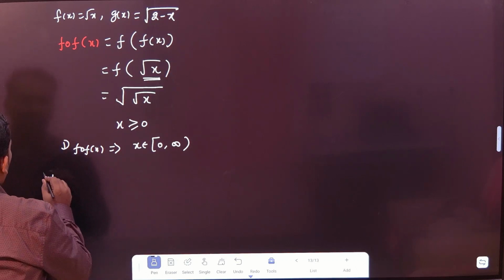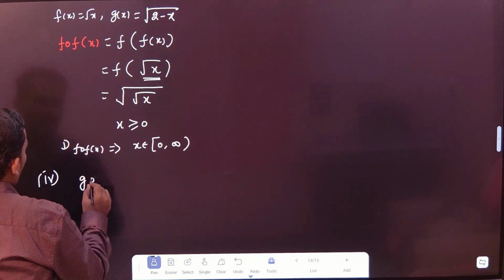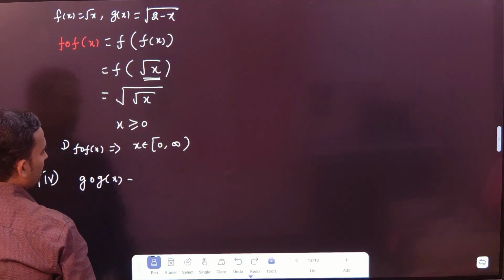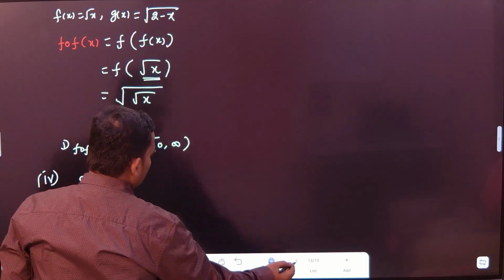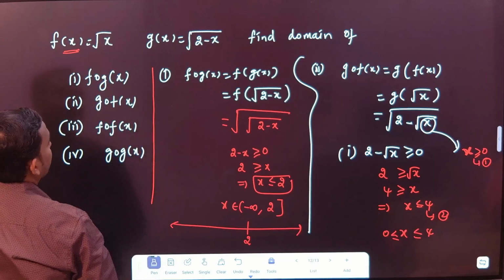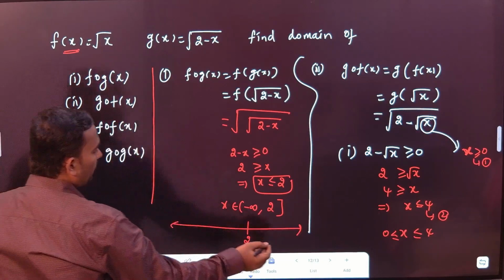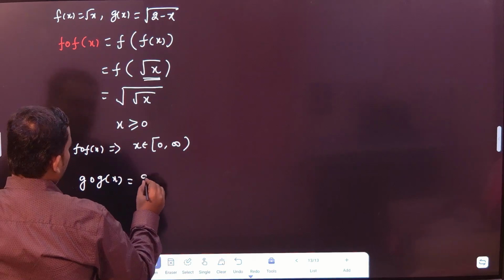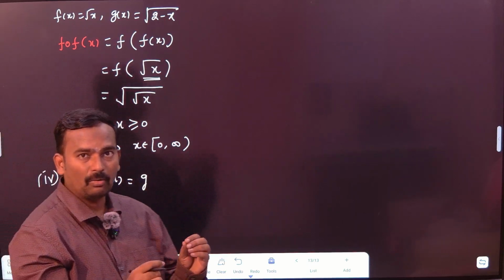Let's take the fourth one. You can see g composition g of x. What is g composition g of x? Square root of 2 minus x, right? Let's apply g on g of x.